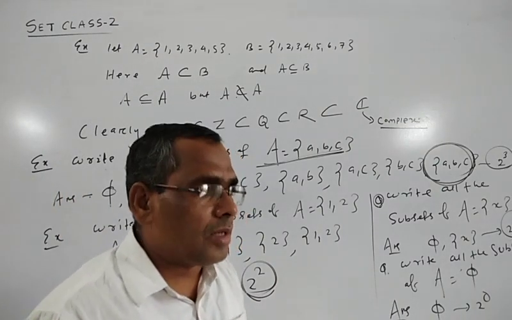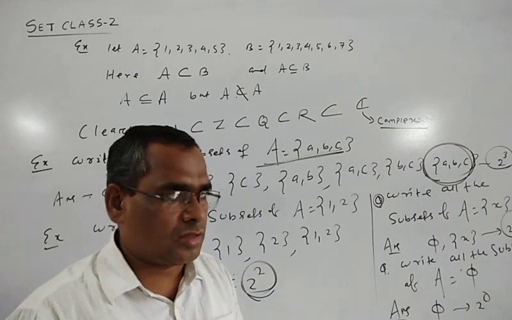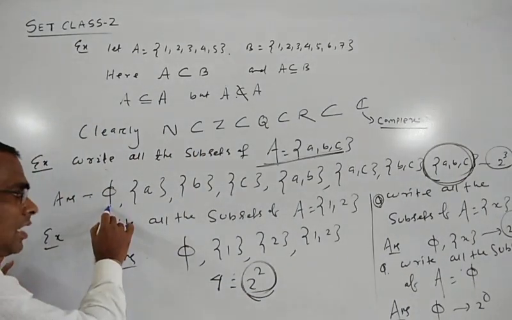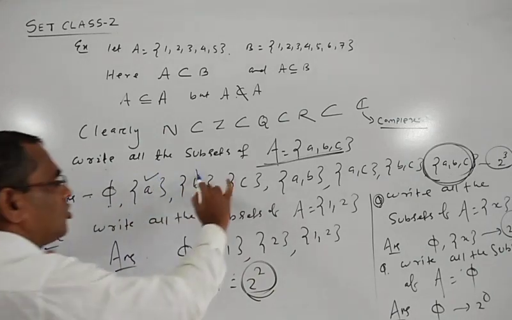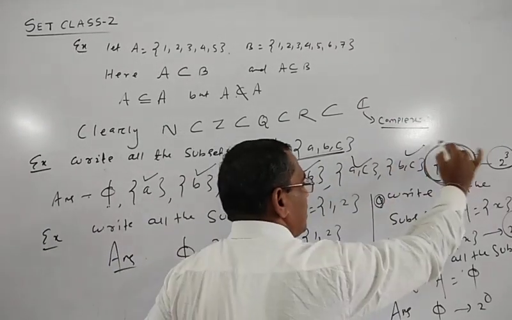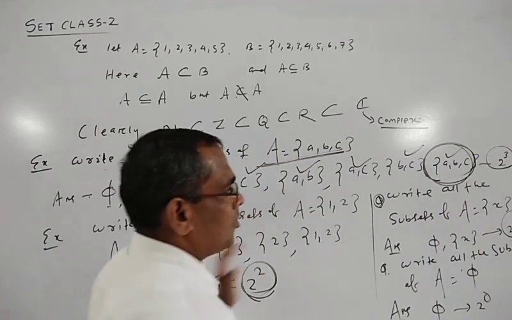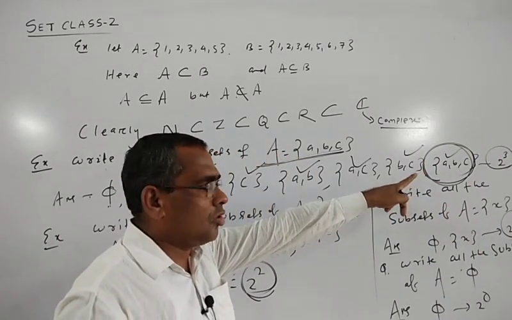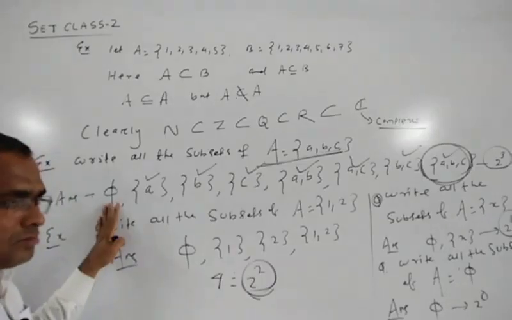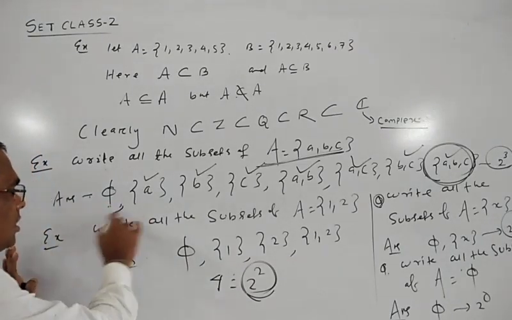But what will be the number of non-empty subsets? Non-empty subset means, look, this is the empty set, and this is non-empty, this is non-empty, this is non-empty, and so on. The number of subsets is 2 to the power q. Non-empty subset means except phi, we omit this empty set.